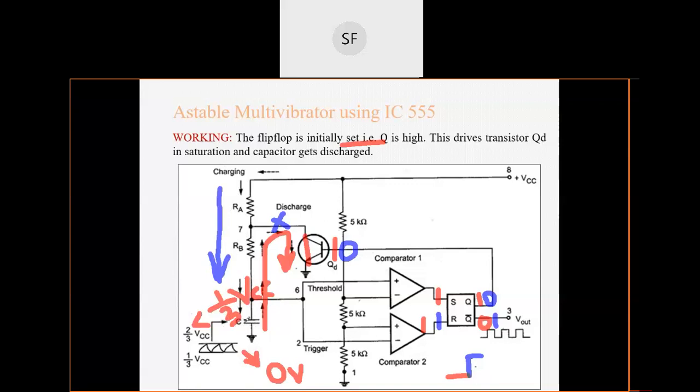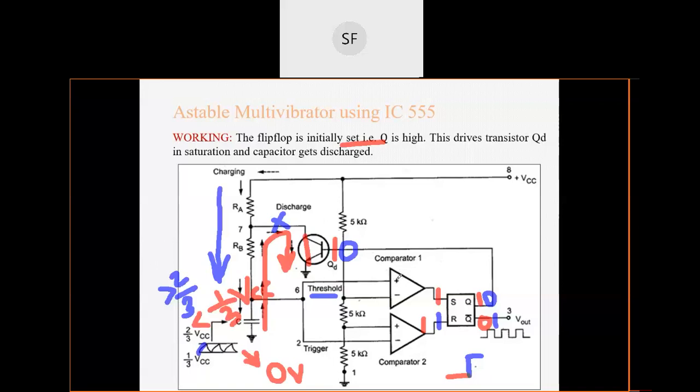Since the capacitor is now charging, the voltage across this capacitor will increase exponentially up to the point 2 by 3 VCC. When the voltage across the capacitor becomes slightly greater than 2 by 3 VCC, you can observe that the voltage across the capacitor is nothing but the threshold voltage, and the threshold voltage is at the non-inverting pin of comparator 1.